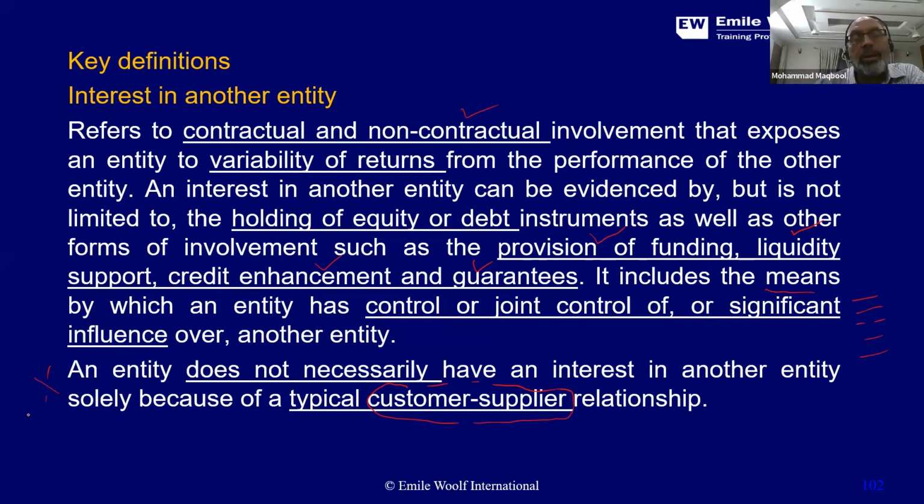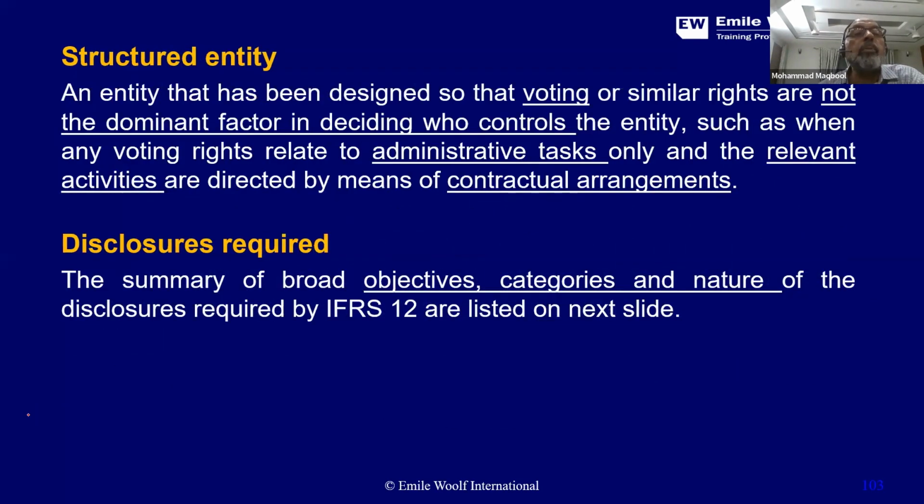That's the normal one, not to be looked at. But in the first paragraph, investment in instruments, providing funding, liquidity support, credit enhancement, and guarantees are involvements which expose the party to the risk of variability of return. Okay, what is a structured entity?